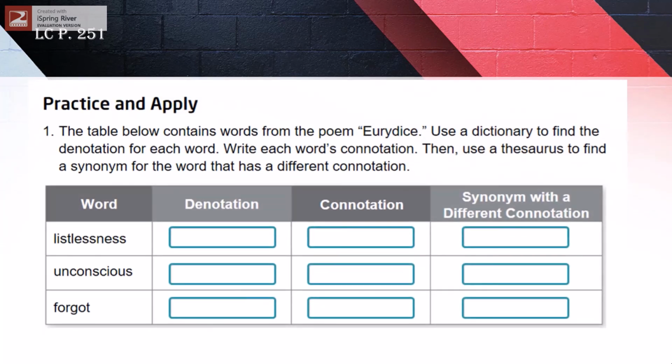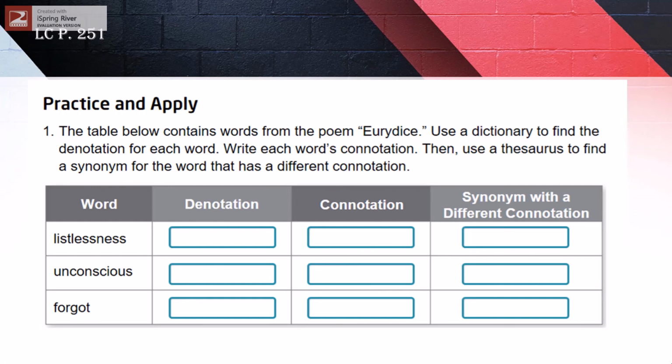I hope I made connotation and denotation clear to you, because we are going to have another activity in your workbook. This time, I want you to open it on page 251. And on this page, you're going to see activity like this. Let us do number 1. The table below contains words from the poem You Read the Sea.